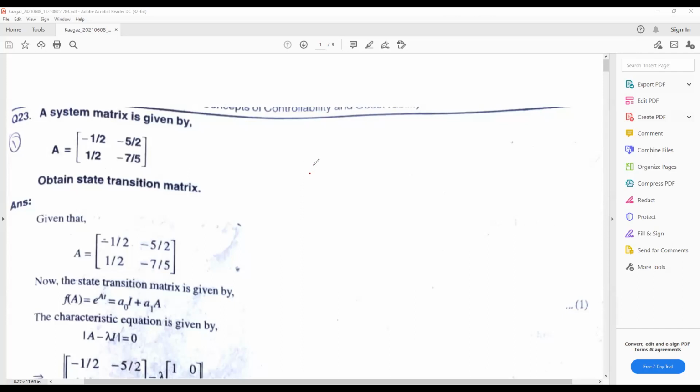Okay, so first, a system matrix is given. The A matrix, A is equal to, so what is the A matrix? Minus 1 by 2, minus 5 by 2, and 1 by 2, minus 7 by 5. So this is the A matrix.